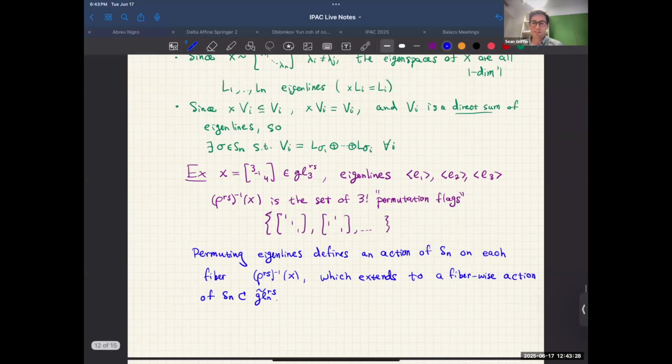And for experts, so if you're an algebraic geometer or a geometric representation theorist, well, if you're a geometric representation theorist, you already know this fact probably, that the way that you use this is really that if you take the push forward of the constant sheaf of this regular semi-simple part, its endomorphisms are isomorphic to the group algebra of Sn.